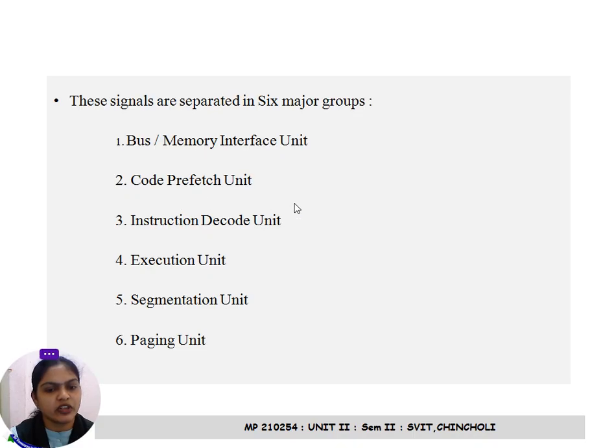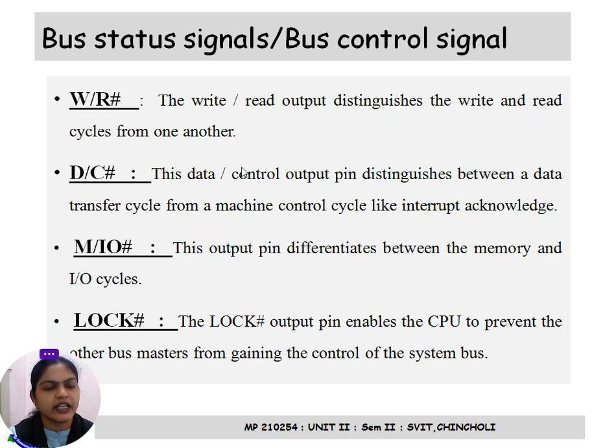Next is the code prefetch unit, then the instruction decode unit, execution unit, segmentation unit, and the paging unit. Remember, in the 8086 microprocessor, paging is not available, but this is an advanced feature of 80386 in which we have the paging concept.